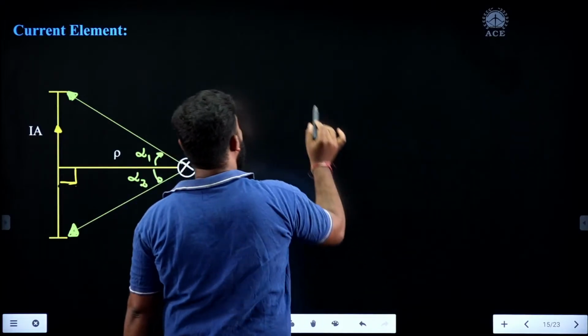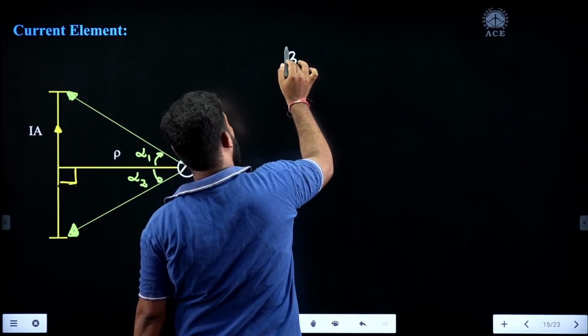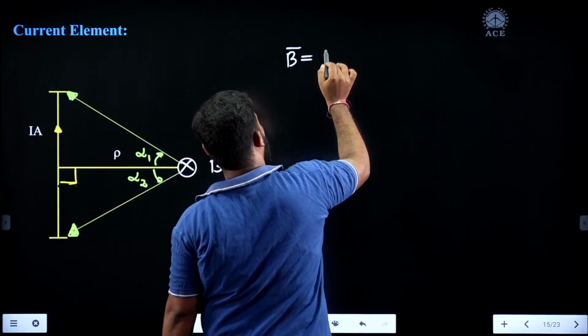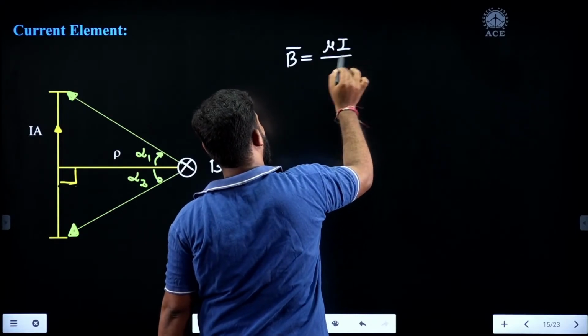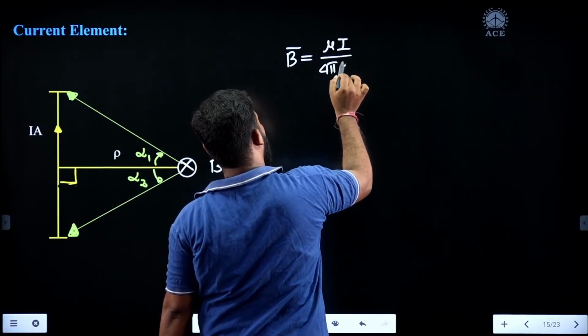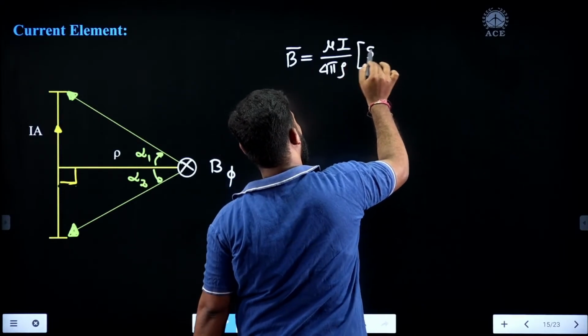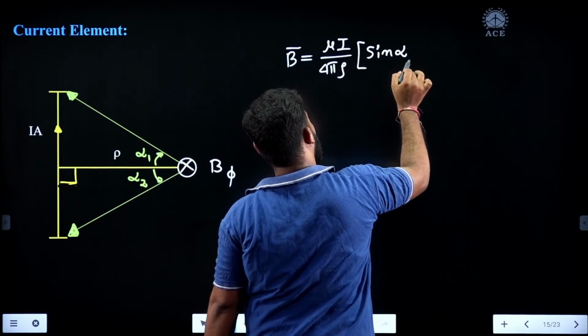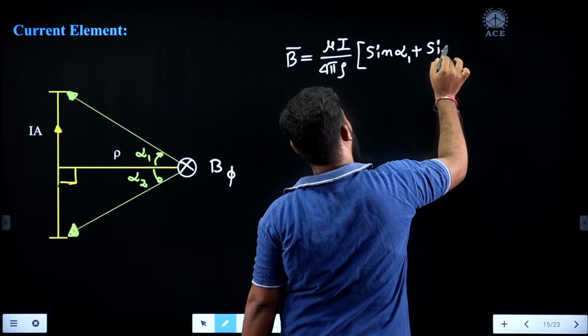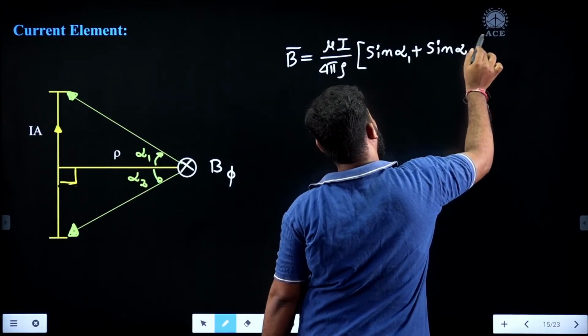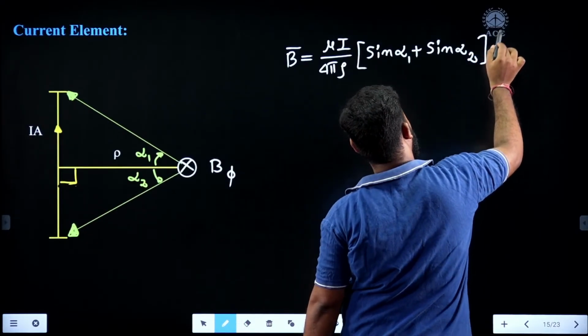According to this, what is B? B vector is equal to mu I divided by 4 pi rho, into sin alpha 1 plus sin alpha 2, into phi cap.